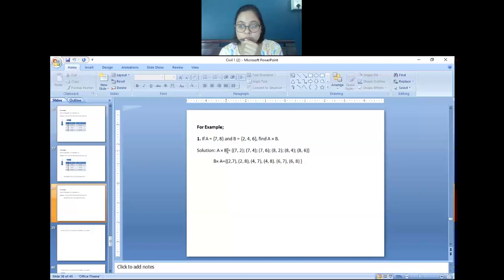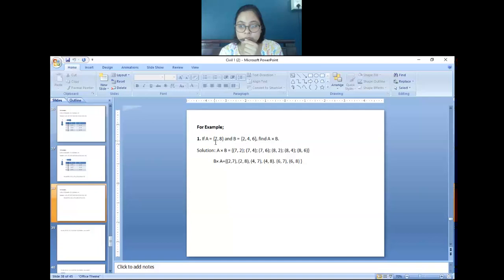For those students who have just joined, I am just repeating it. This A cross B is known as the Cartesian product. So Cartesian product we have to write like this. See here, the first set is A and the second set is B. So I have to take the elements from set A in the first position and set B in the second position.